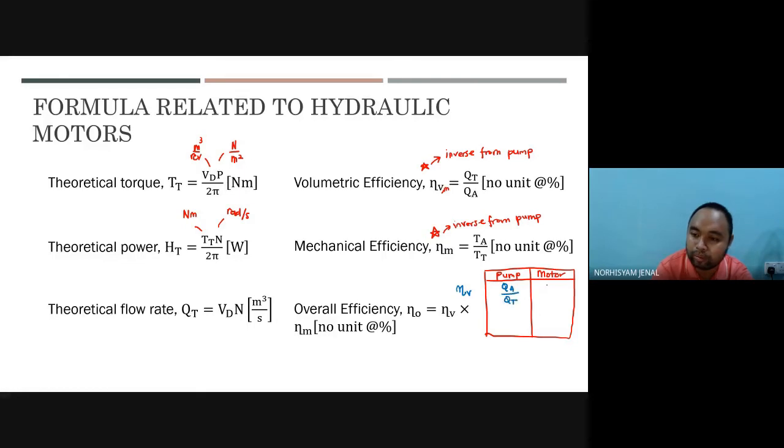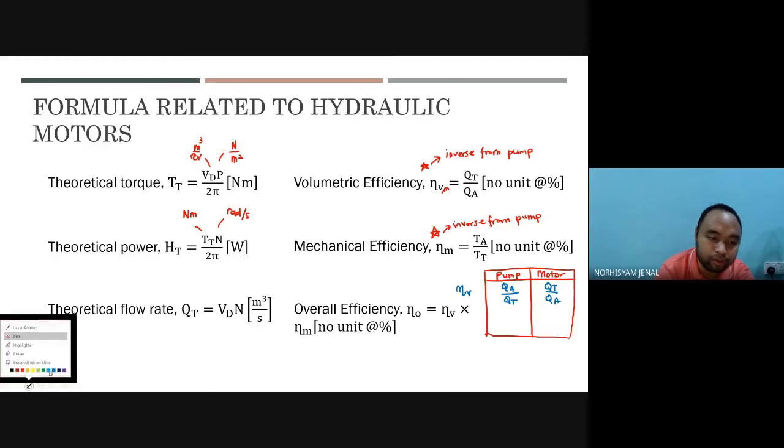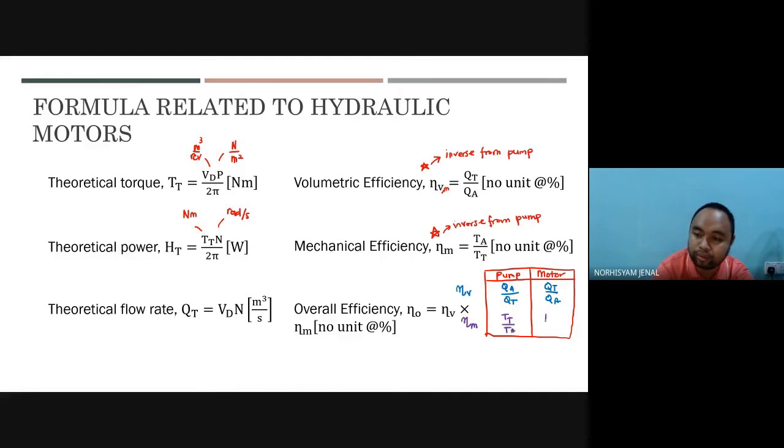For motor, it will be QT over QA. And then the next one will be for mechanical efficiency. For pump it should be TT over TA. For motor this one will be TA over TT. Please do not get confused with this. Make sure you know whether you are dealing with pump or you are dealing with motor. Other than that, the equation should be the same.